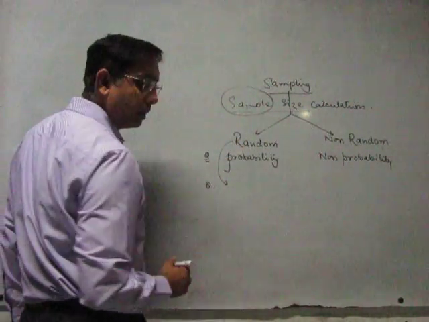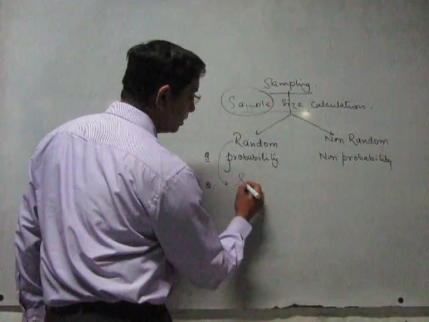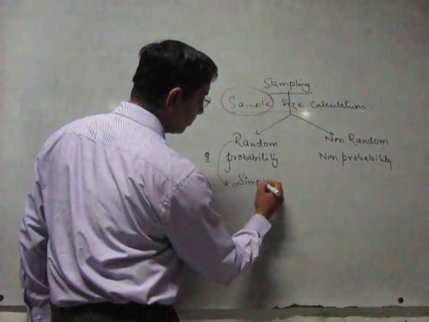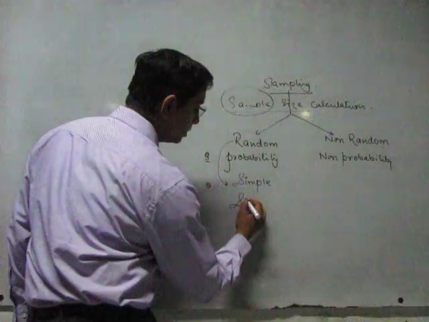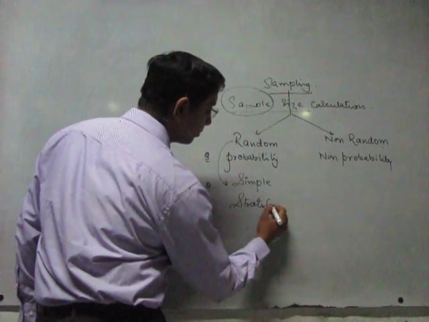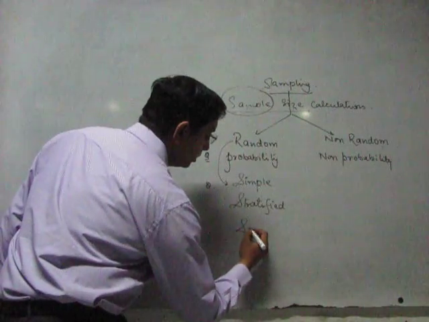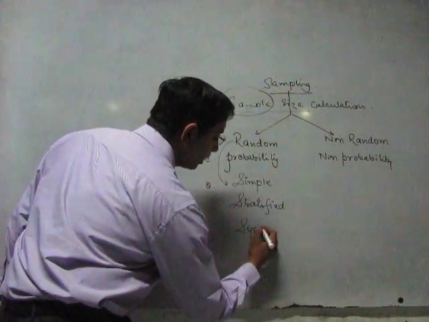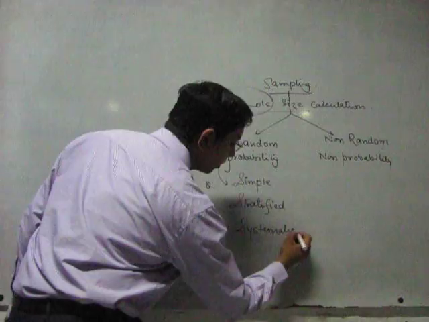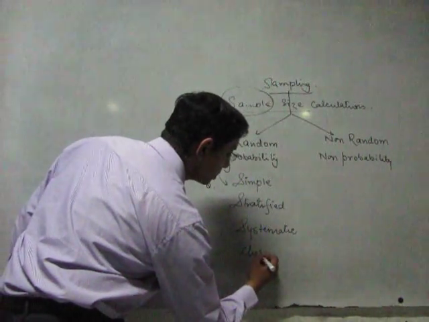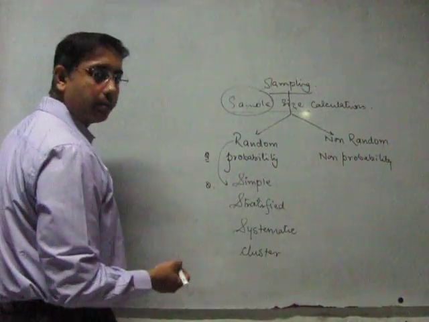Second MCQ: what are the examples of random sampling? Random sampling could be of various types: simple random, stratified random, systematic random, and cluster sampling.